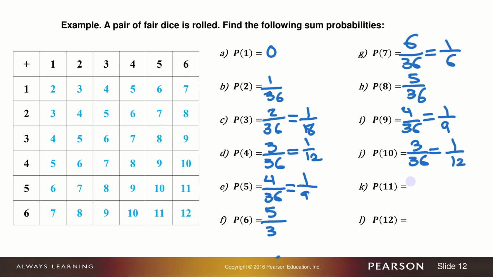And P of 11, that's going to be 2 out of 36 possible outcomes, so 1 over 18. P of 12, notice 2 and 12 are the least likely outcomes, right? So that's also going to be 1 out of 36.